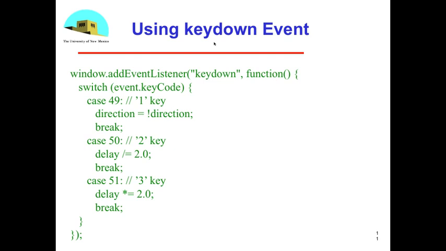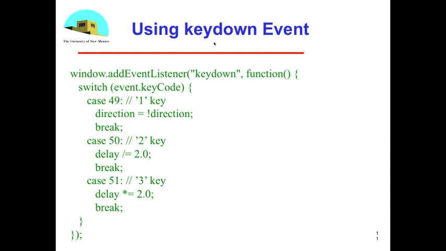So if you look up an ASCII table or a Unicode table and say, well, what is the 1 key? It's number 49, and the 2 key is 50, and the 3 key is 51. So if you know that information, then you could say, okay, 1 does exactly what the first entry in that menu did. It switches the direction, and 2 changes the delay to make it go faster, and 3 makes it go slower.